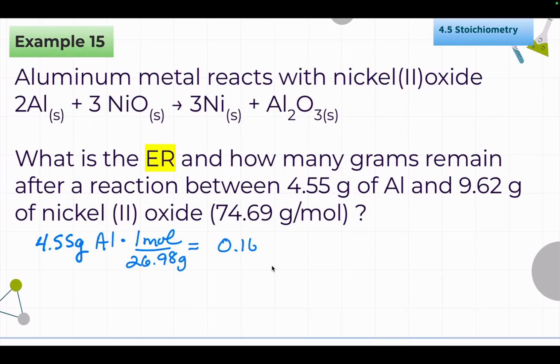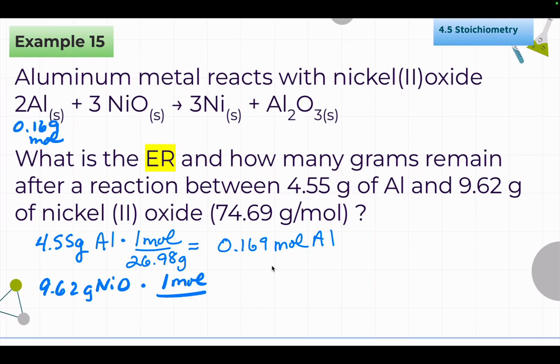So I have 0.169 moles of aluminum. And I like to write that up in my reaction to keep track. And then I have 9.62 grams of nickel(II) oxide, and that gives me 0.129 moles of nickel(II) oxide.